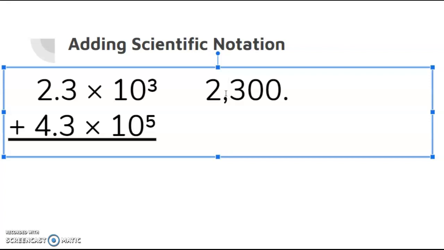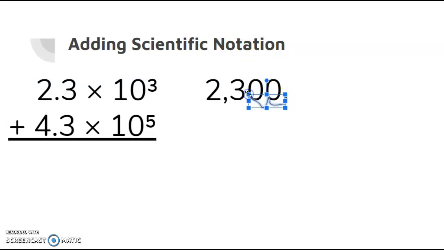So I have just now written it in standard form, and now I want to write it back in scientific notation where my power is going to be 5. So I'm going to go ahead and move it back over once, twice, 3 times, 4 times, and 5 times.